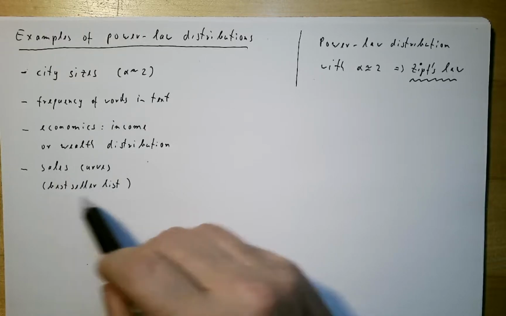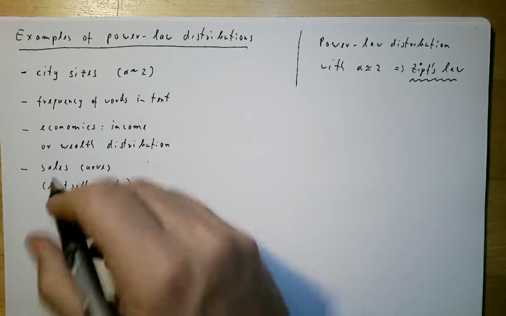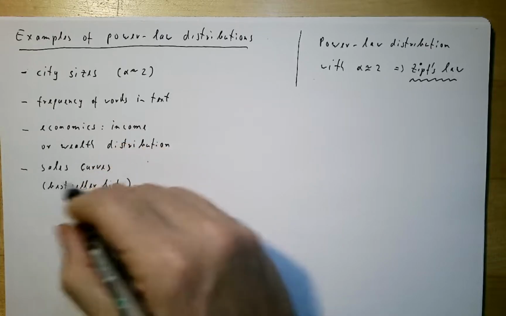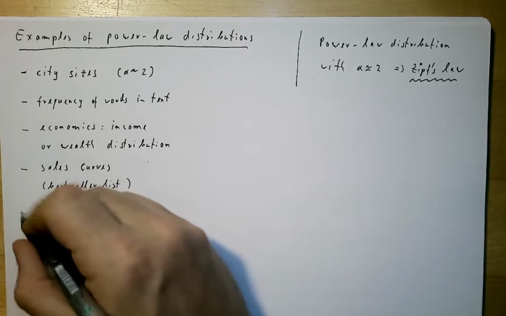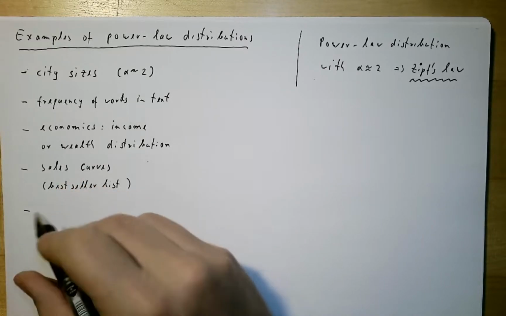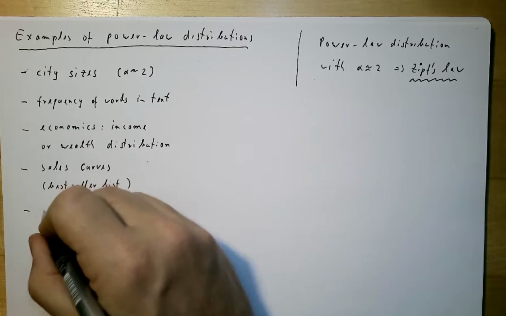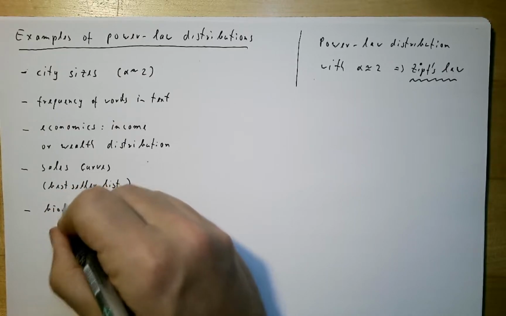And again, sales curves, not only from books, but for other products also, typically follow a power law distribution. You have power law distributions in biology, in ecology.